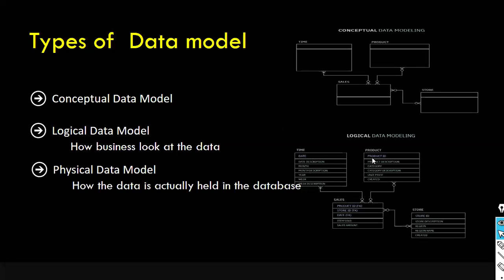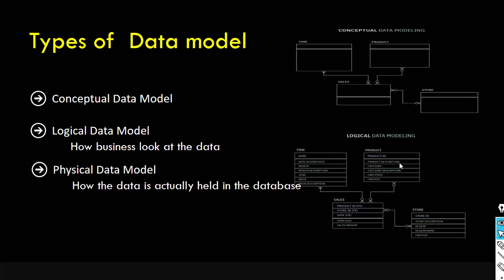In that case, for each table, what are the columns that are required? For example, you have the store table: store ID, store name, store address, store phone, and other details, like when this store got created. Similarly, you have the customer table: customer ID, first name, last name, email, phone, all the information.